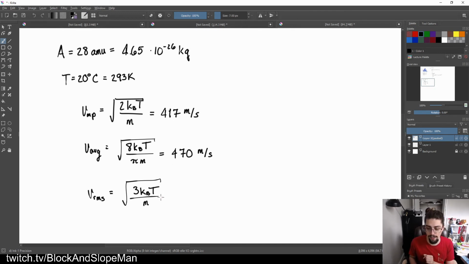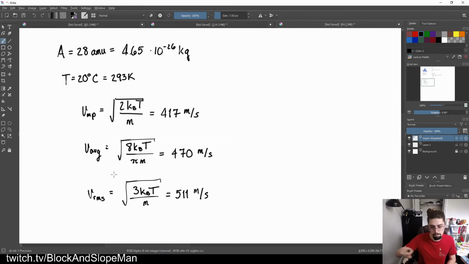You'll hear more about that, I'm sure. Science is cool. Newsflash. But when we plug in for the VRMS, our final answer here should be 511 meters per second. So the VRMS is always going to be a little bit higher than the average velocity because, again, those larger velocities get a greater weight in the distribution when we're actually doing that calculation.